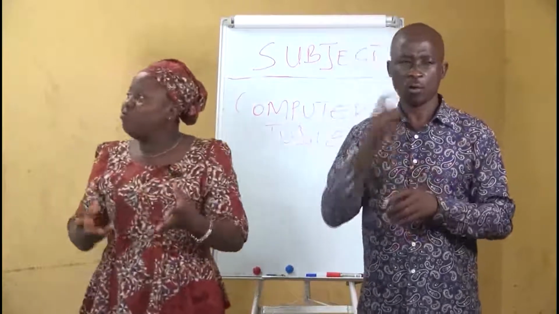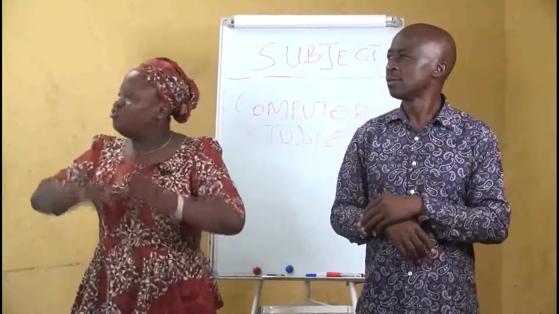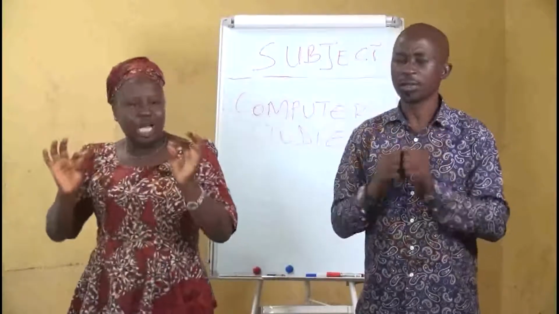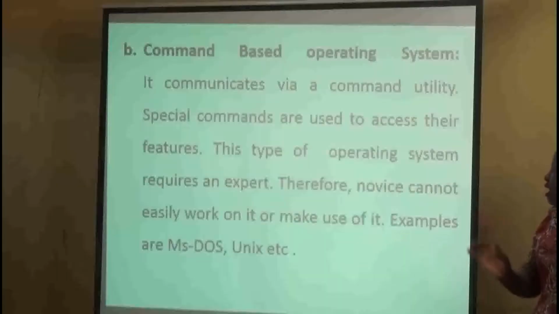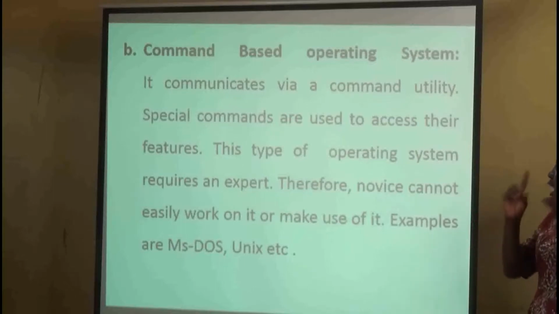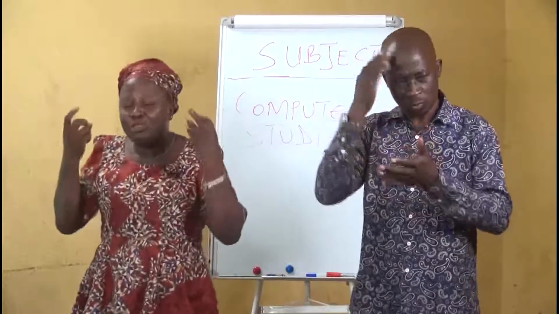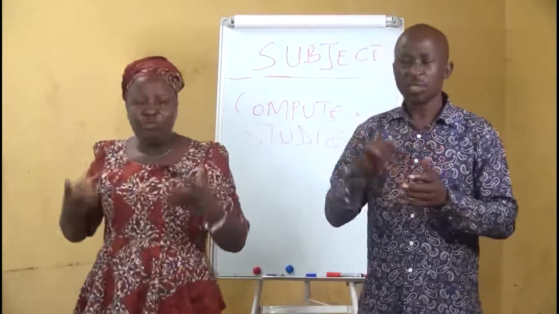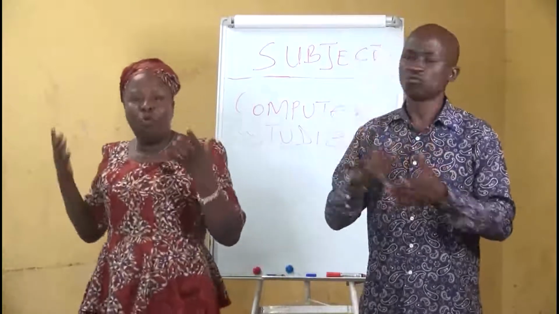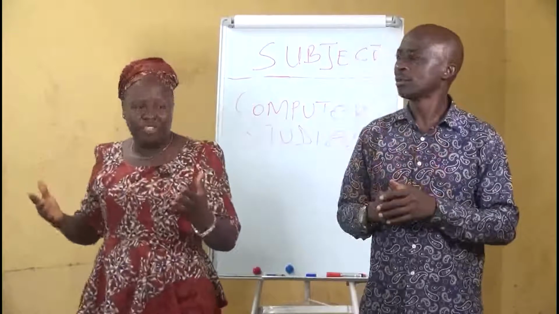Now, as a system, it communicates via a command utility, as I've said. Special commands are used to access its features. This type of operating system requires an expert. A novice cannot just make use of it because it requires a lot of tasks before you can successfully work on this type of operating system.